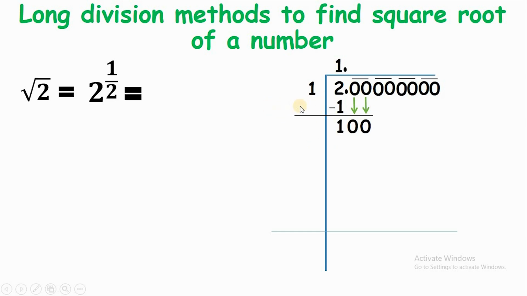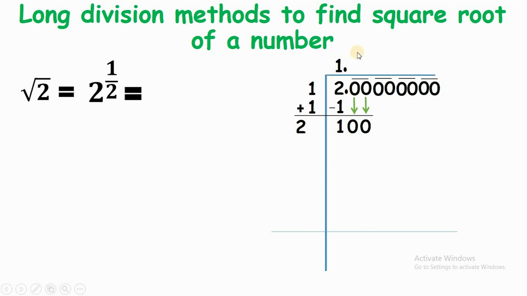Now the next step is, here we have 1, therefore we add 1 here. So when you add 1 and 1, you'll get 2. Next step is, now you have to find a suitable number over here in the unit place, so that when you multiply with that same unit place, you should get a number either 100 or less than 100. It should not be more than 100. So if you take 5 over here, then you have to write 5 here.